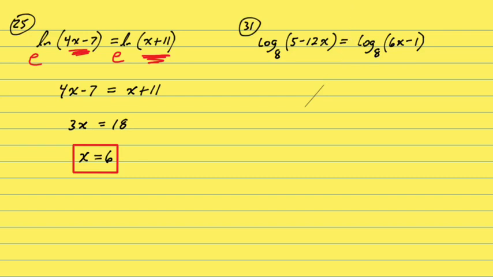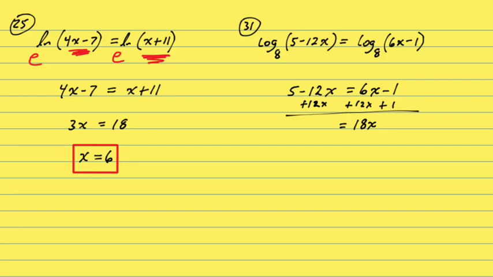Now on number 31 here, they are both log base 8. Does that simply mean that the arguments have to be equal? 5 minus 12x would have to equal 6x minus 1. If I add 12x, I think that gives me 18x.